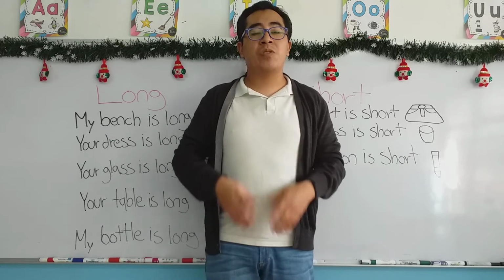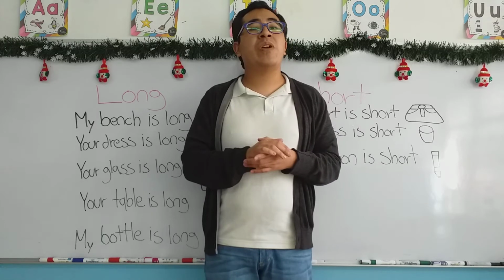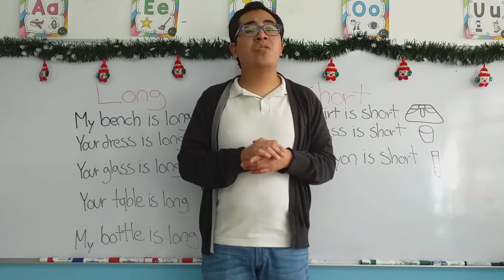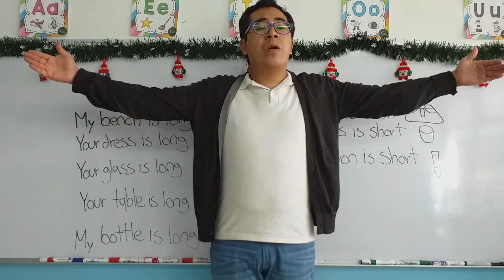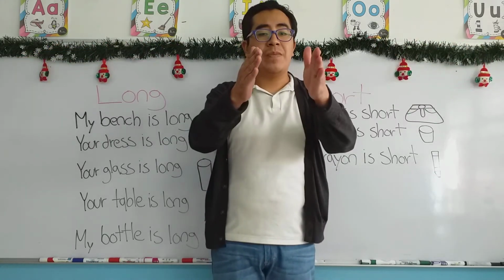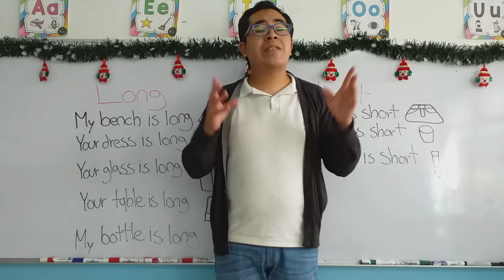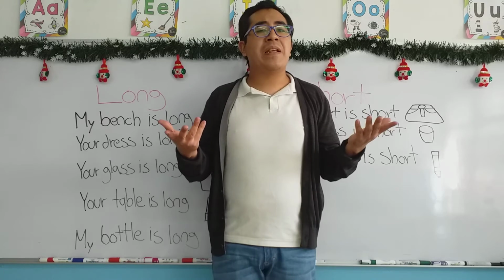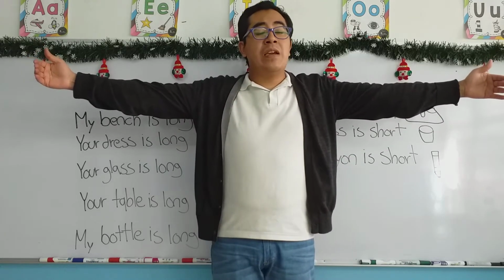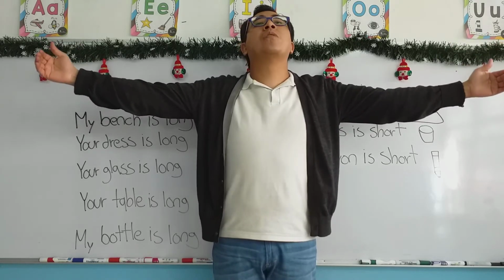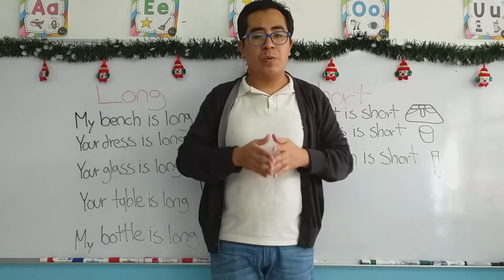Hay dos nuevos adjetivos de los que vamos a platicar el día de hoy. These adjectives, we also use them to describe objects. We are talking about long and short. Los adjetivos que vamos a trabajar el día de hoy son dos y también sirven para describir los objetos. Largo, which is in English with the teacher Jacob, it's called long, and short, corto.